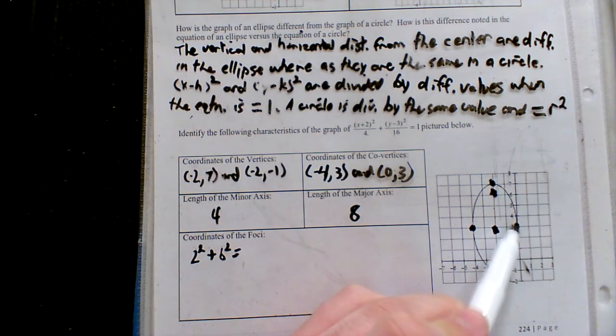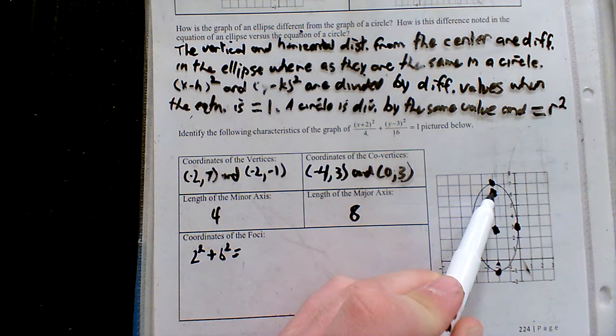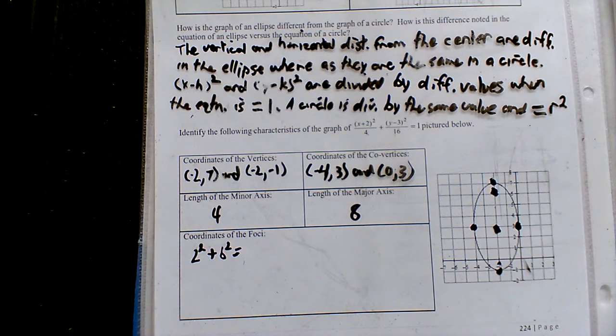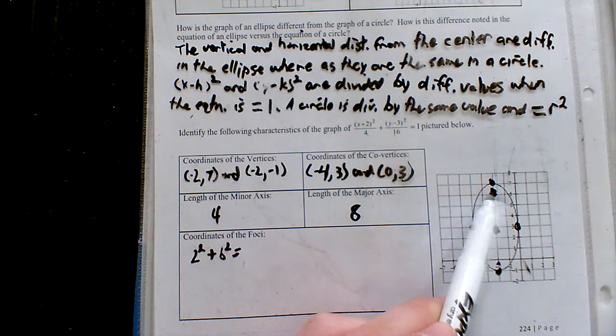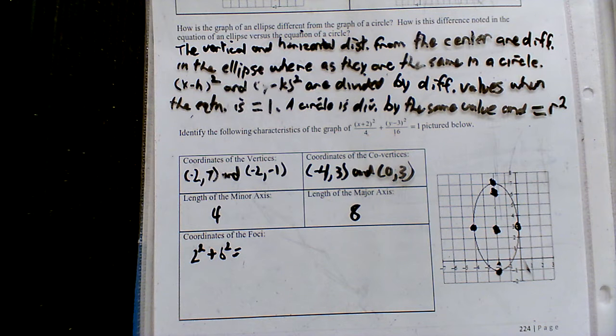What is the distance from this co-vertex to the focus then? The hypotenuse. What is that distance? We should know it. You should be able to find it out from your picture. Distance from co-vertex to the focus. Because Dylan just told us it's the same as what?